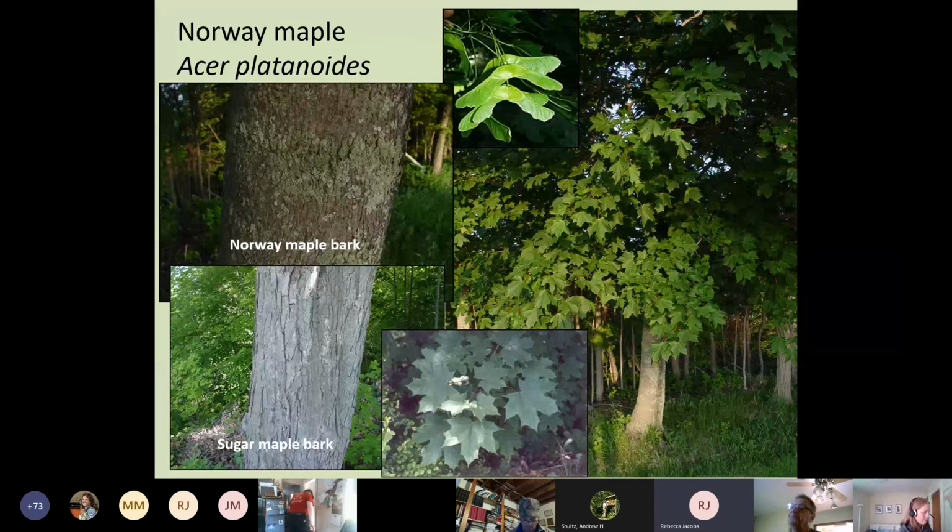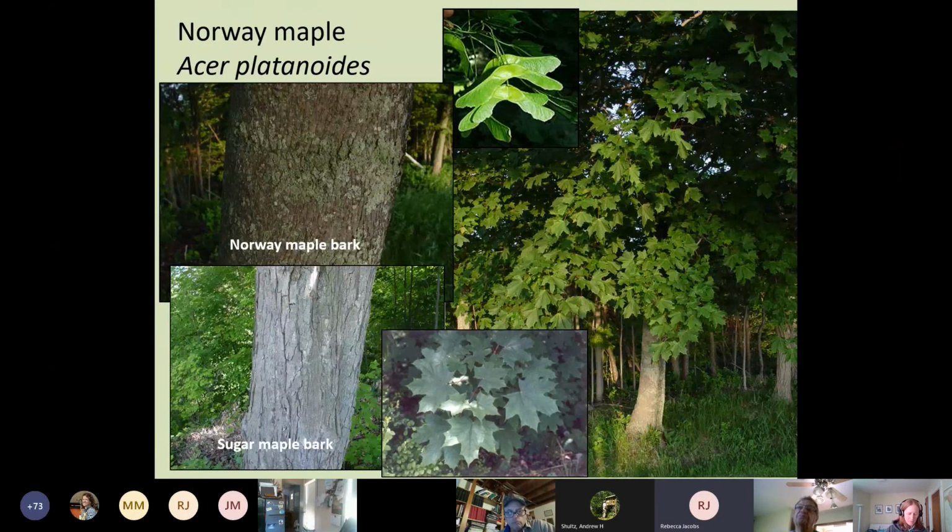When the trees are young, sugar and Norway can be hard to tell as seedlings and young trees, but as they mature, you can see on the left that the Norway maple bark becomes darker and distinctly different. The sugar maple has deeper fissures and is a little more gray.